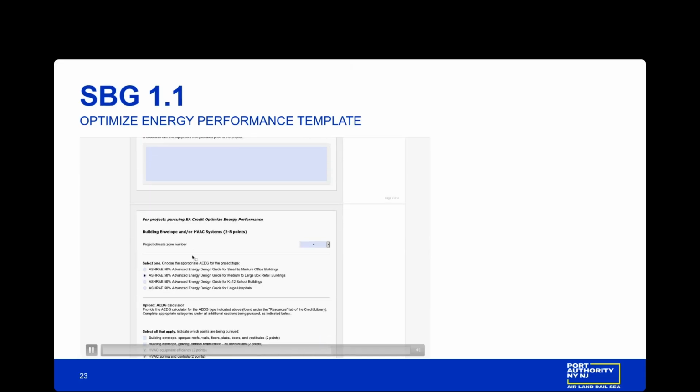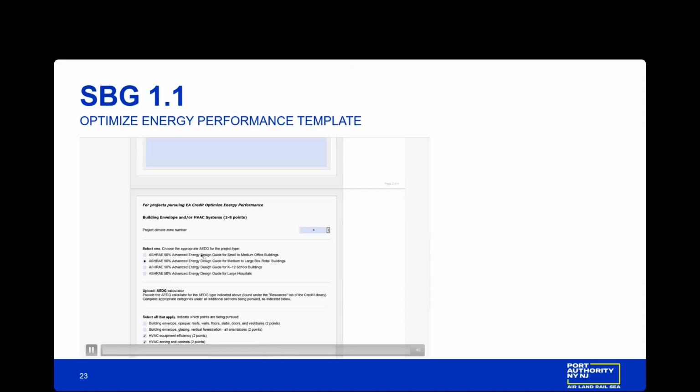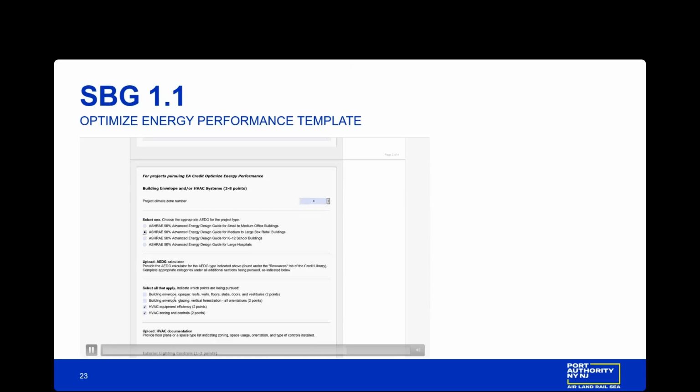Moving on, if your project involves anything to do with building envelope or HVAC, then you would be asked to follow and complete the AEDG guideline worksheet. That is one of the supplemental documents here.